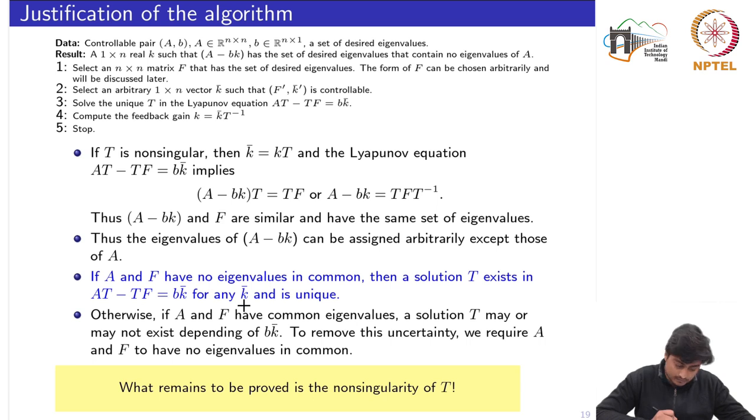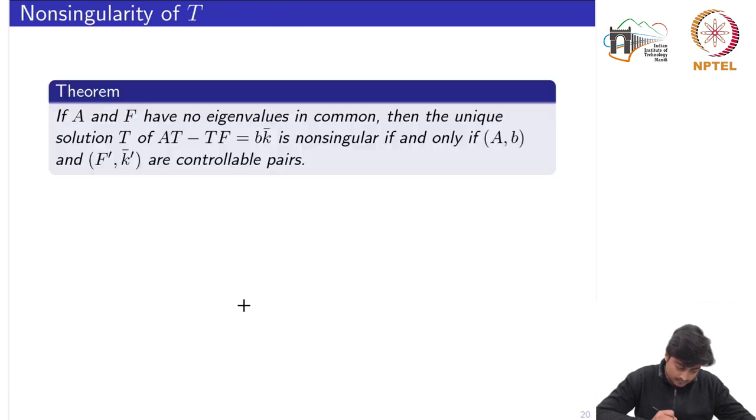Okay. So this is one of the important results: if the matrices A and F have no eigenvalues in common, then the unique solution T of this Lyapunov equation is non-singular if and only if the pairs A, B and F bar transpose, K bar transpose are controllable pairs.